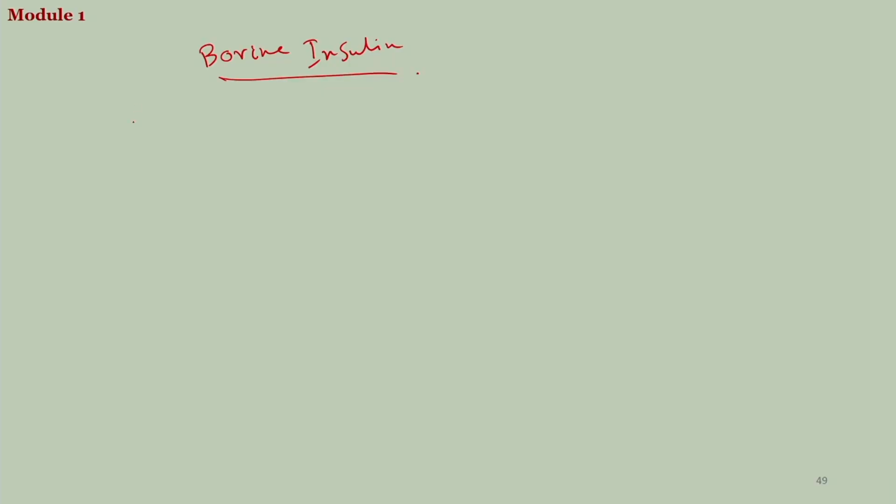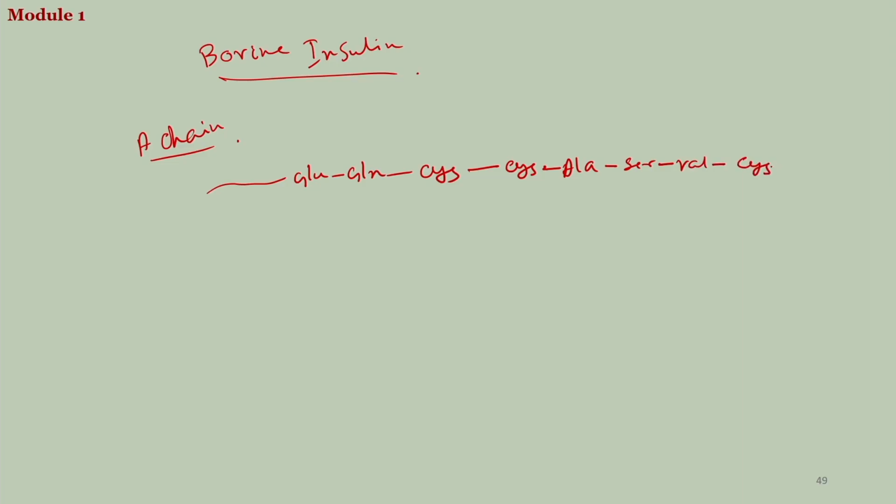So, it has two chains. It is called the A chain, and that has a sequence. I am writing part of the sequence: glutamic acid, then glutamine, then a cysteine, another cysteine, alanine, serine, valine, then a cysteine, then a serine, and it goes on, and there is another cysteine at position 20.